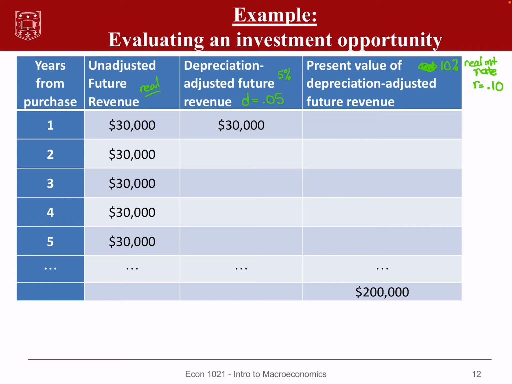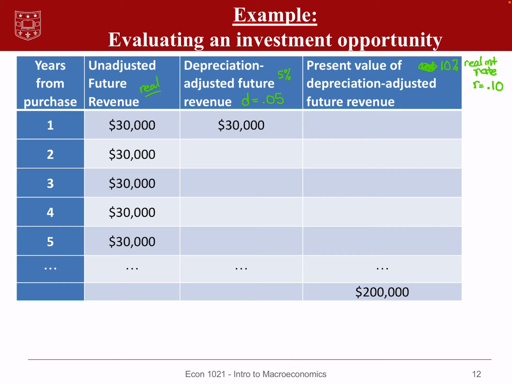The Piano Academy is going to get $30,000 year after year after year. But of course, this piano is going to depreciate by 5% each year. And as a result of that, the revenues that the Piano Academy is going to get will fall by that depreciated amount.